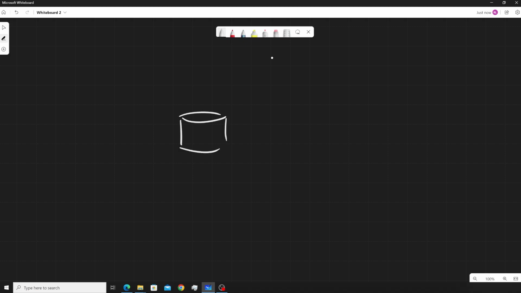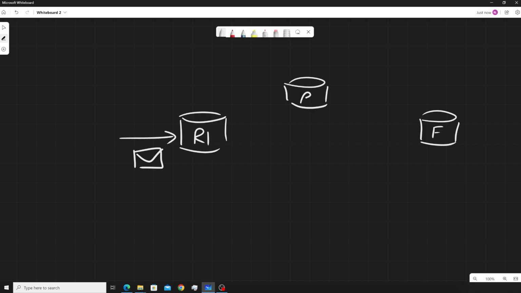That is, when a message arrives on a router, let's say R1, and let's say that the final destination is for some network F, I need to get it to that network F, and R1 itself has to make a decision between R2 and R3. It has to make a decision: where do I send this to?